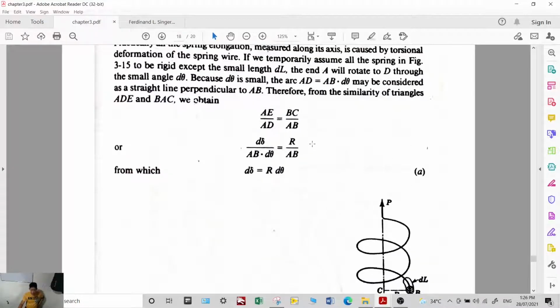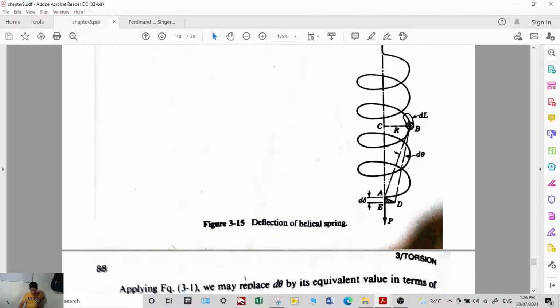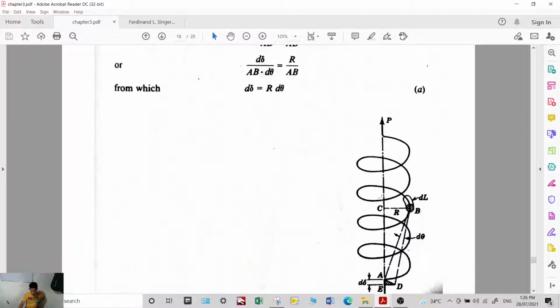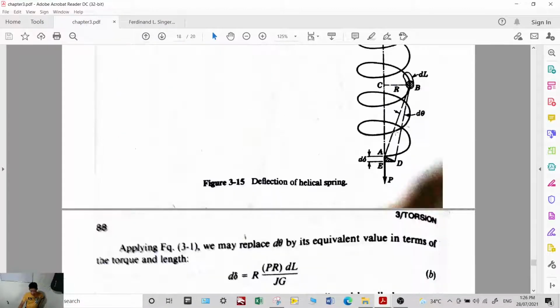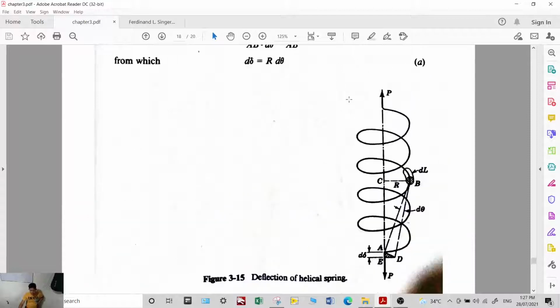So, tama ra ni. And then, cancel ang AB. Mabilin na lang, d delta is R d theta. So, kani nga small deflection is equal to R d theta.